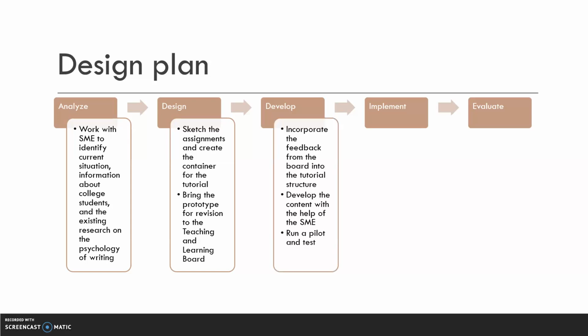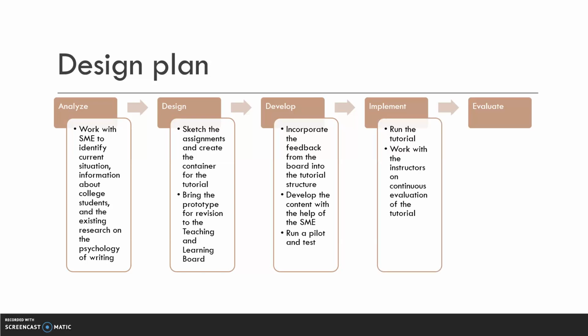After that, we will develop the tutorial itself using the feedback from the board, and we will run a pilot and test the tutorial. After that, we will implement the project and run the tutorial. We will work with the instructors on evaluation of this tutorial while it is being run.